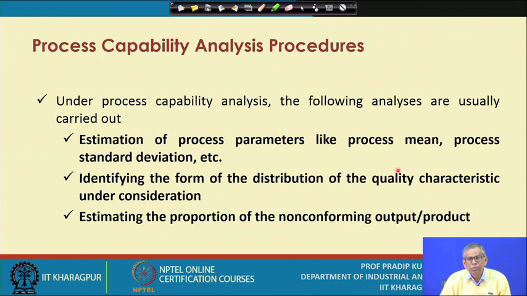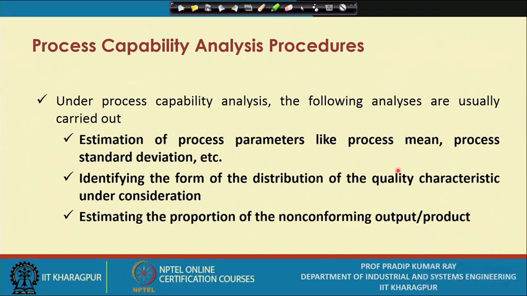One is the process mean, that you must know, and the second one is the process standard deviation. There could be other process parameters also, but in the majority of cases we focus on two important process parameters, and we must get an estimate for them. Is it okay? That is the first step in process capability analysis. So these two process parameters are the process mean and the process standard deviation or the process variance.